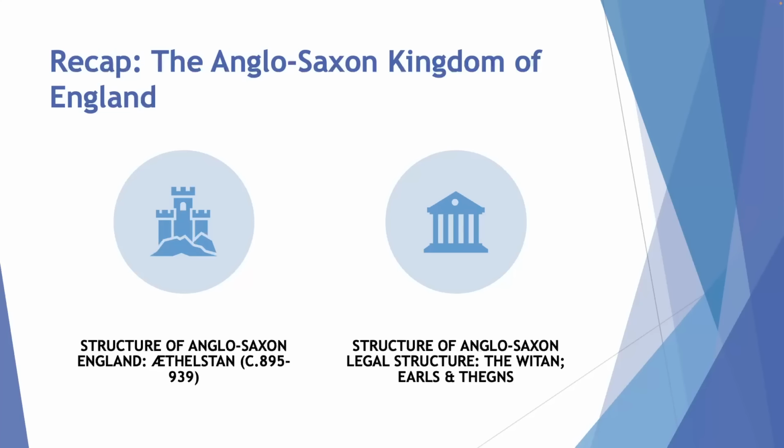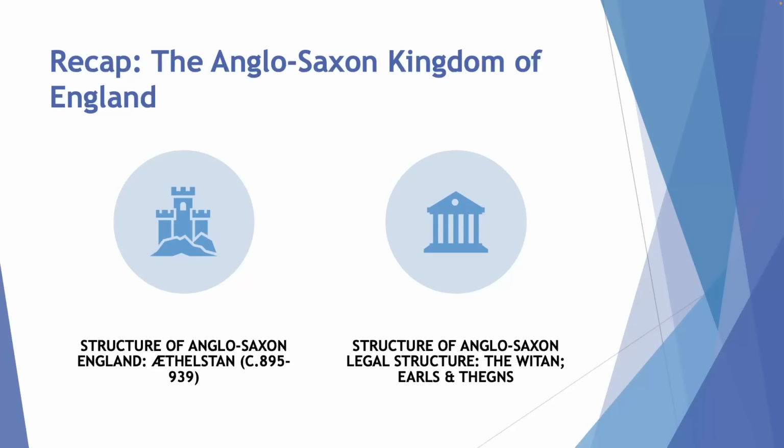We've spoken about the Witan in previous videos because the Witan was, while also a political institution, an institution that would advise the king on matters of policy, but would also interject in particular legal disputes and legal issues as well. And so the structure of the Anglo-Saxon legal system would include a conversation about the Witan.